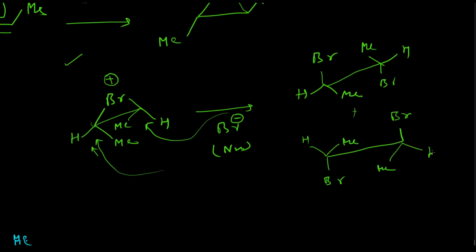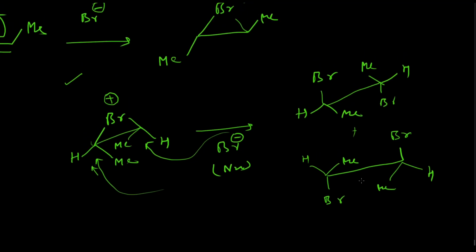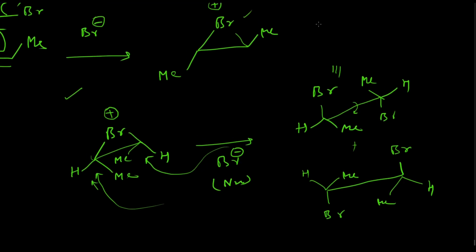So you can easily see that these compounds are essentially the same. If you adjust the groups or atoms by rotating via this carbon-carbon single bond, then you can arrive at this conformation. So this is the meso form.